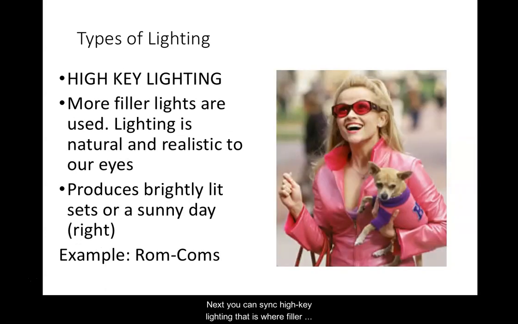Next, you can see high-key lighting. That is where filler lights are used. Lighting is more natural and realistic to our eyes. It produces bright, sunny, even lighting. Examples are romantic comedies, comedies in general, or even action movies.